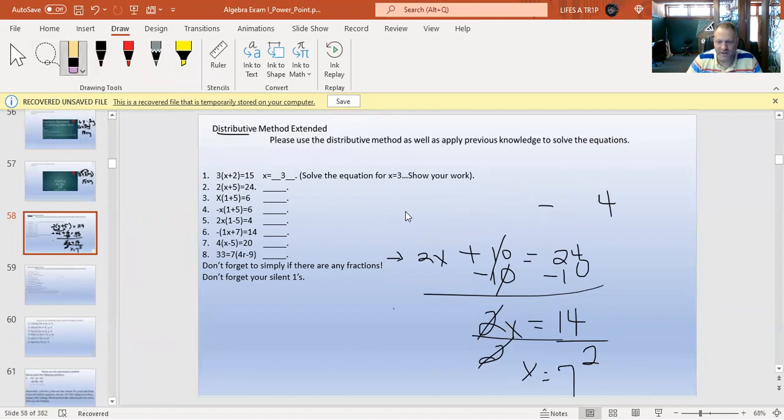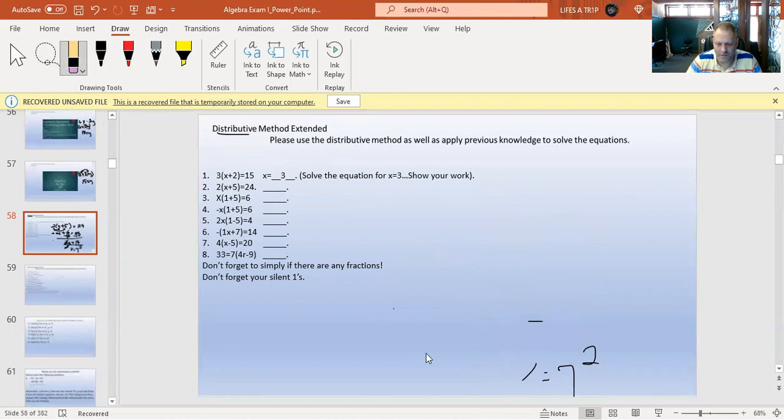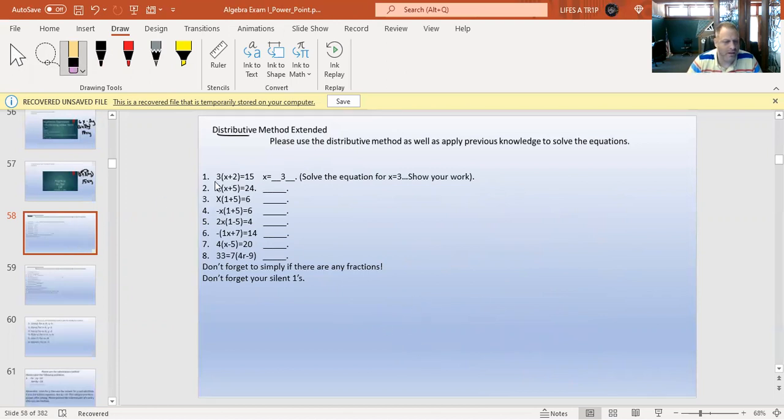We're going to start speeding this up a little bit. Okay. All right, number 3. x times 1 plus 5 equals 6. All right, so let me actually get this a little closer to the parentheses.